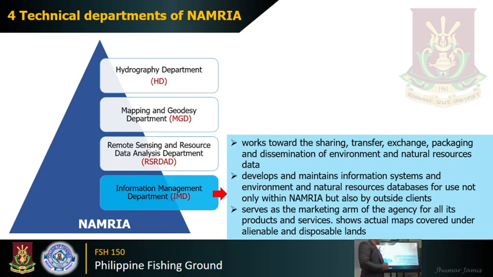They are also the ones responsible for the development and maintenance of information systems and environment and natural resources databases for not use only within NAMRIA but also outside clients. Like for example, whenever you need certain data from their office, this is the office that you should get into, no? And then serves as a marketing arm of the agency for all its product services, shows the actual maps covered under the alignable disposable lands.